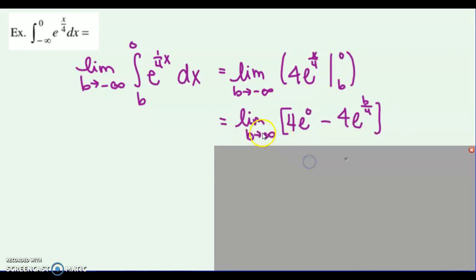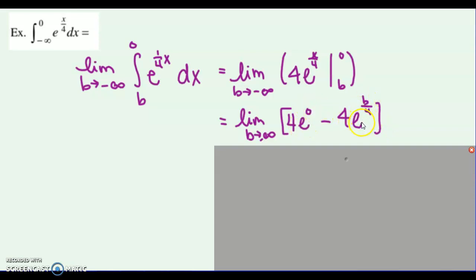So when we plug those in, we've got 4 times e to the 0 minus 4 times e to the b over 4. Oops, forgot the negative here. So when we're taking a look at the limit as b goes to negative infinity, if we've got 4 times e to the 0th, e to the 0th is 1. Don't have to worry about that.